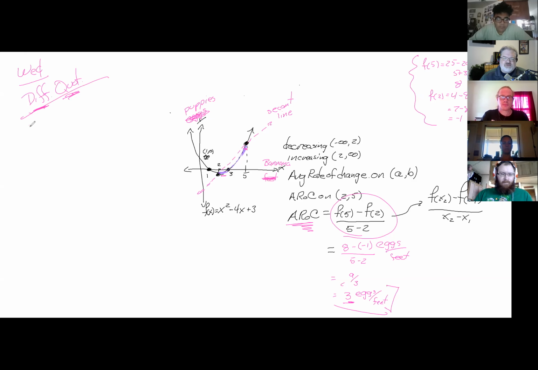Do please make sure you are reading 1.3 if you haven't already, and 1.4. 1.4 will have this difference quotient in it, and make sure you look at those. My Open Math, you've got some that are due. I just checked. When are those due? I think they're due Thursday.